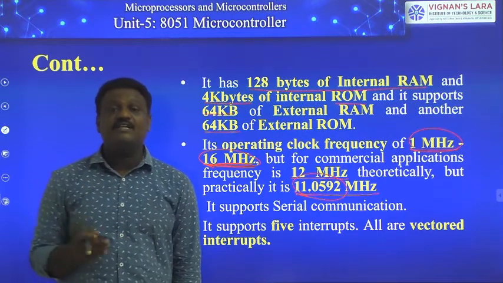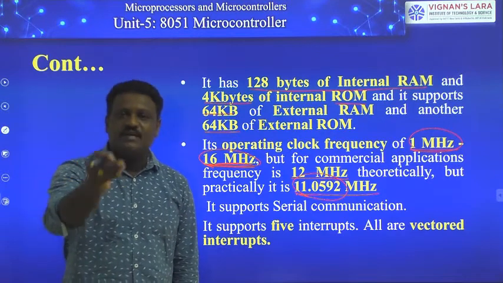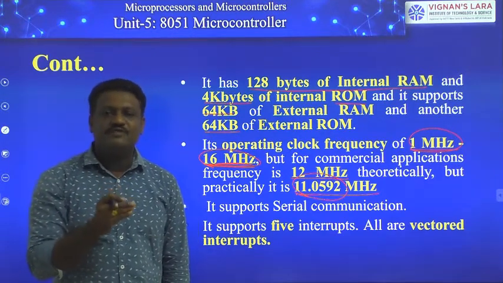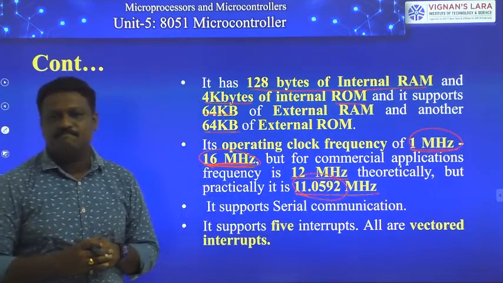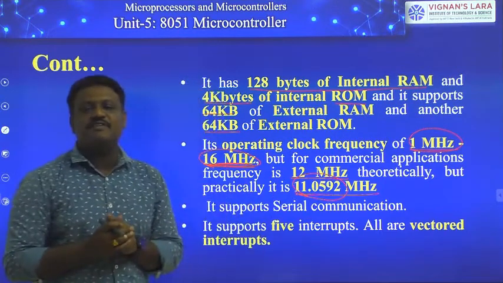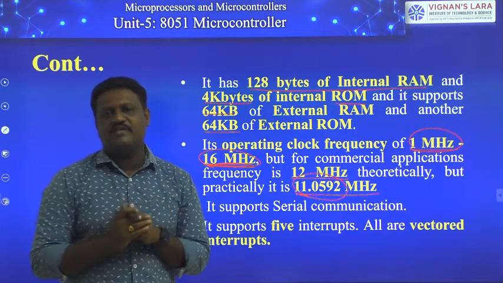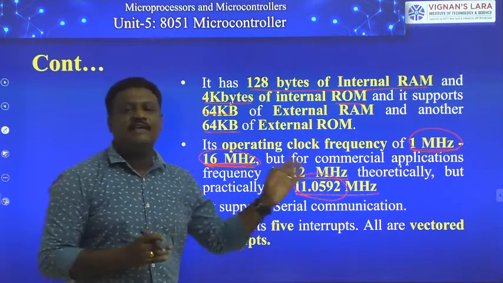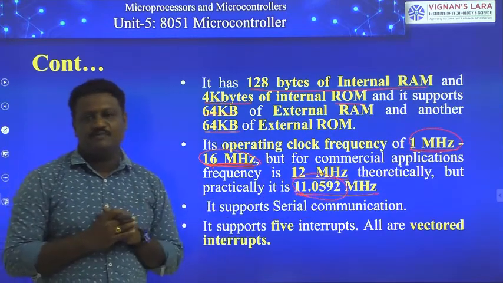You get these standard baud rates in serial communication only when the operating clock frequency of 8051 is 11.0592 MHz. If you take 12 MHz as the operating frequency of your 8051, you won't get those standard baud rates for serial communication. That's why you see the difference between a theoretical value and a practical value.